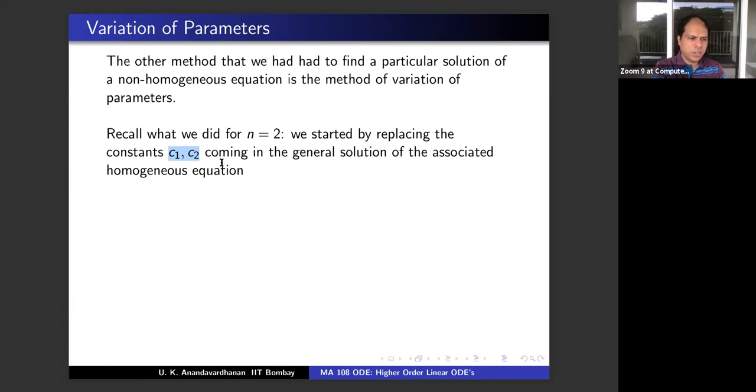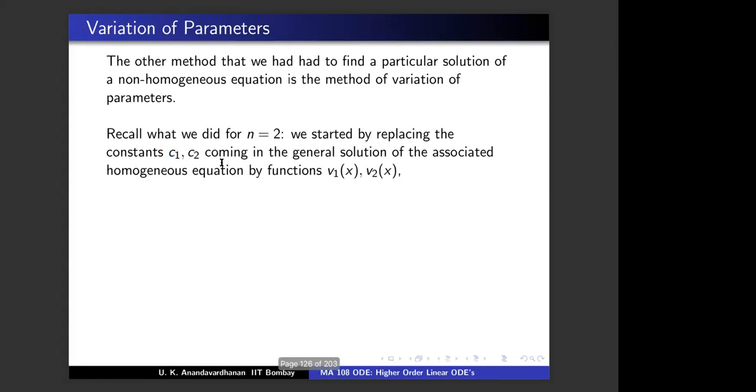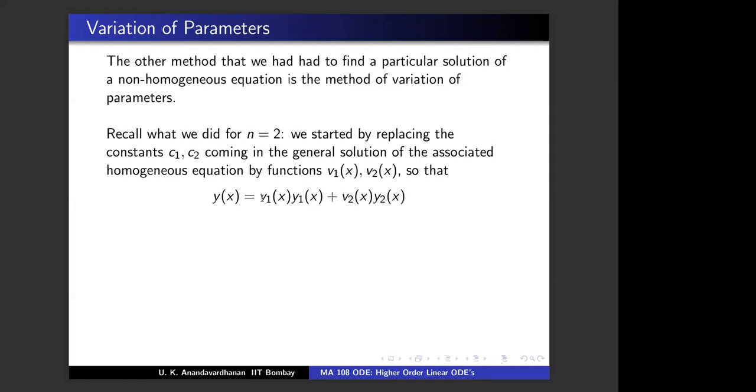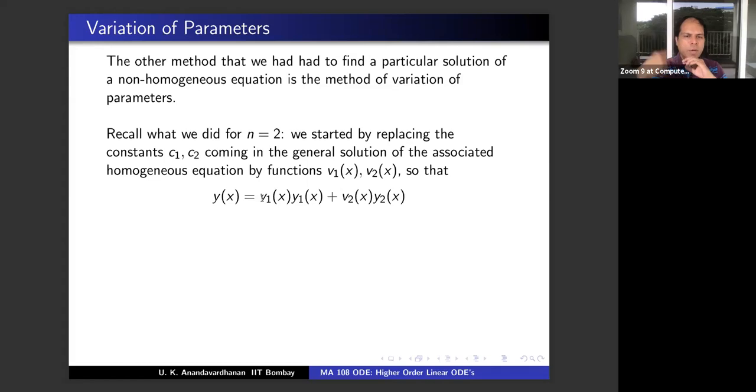What will be your notations? V1, V2, till Vn, so that Yx will be of the form V1 Y1 plus V2 Y2 plus so on till Vn Yn. What will be your next step?